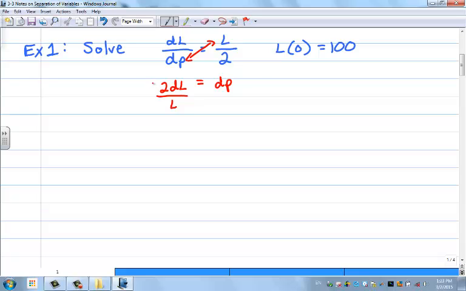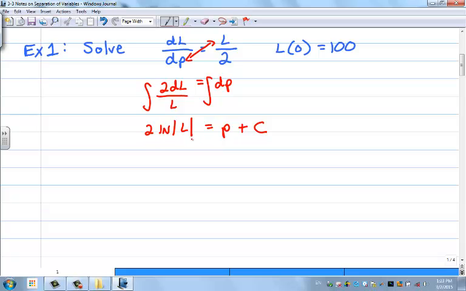So when we integrate both sides here, what we get is the following. 2 natural log absolute value of L equals P plus some constant C. Okay, so now we're going to divide.